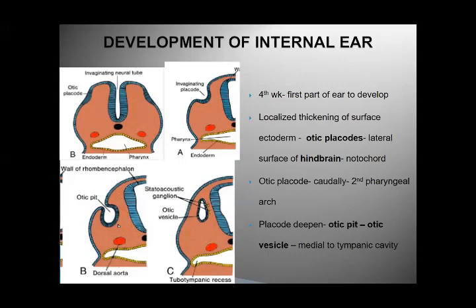Okay? At the same time, the surface ectoderm then rejoins over here. So this otic pit dissociates itself from the surface ectoderm, and now it comes to lie medial to the tympanic cavity.